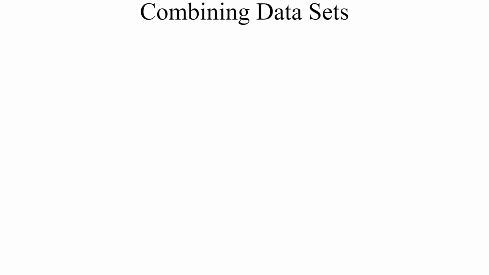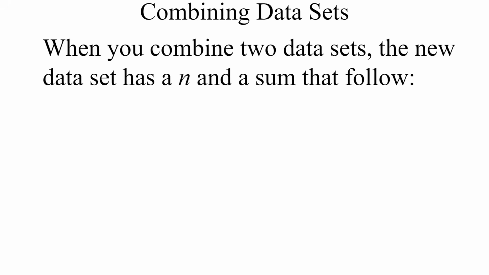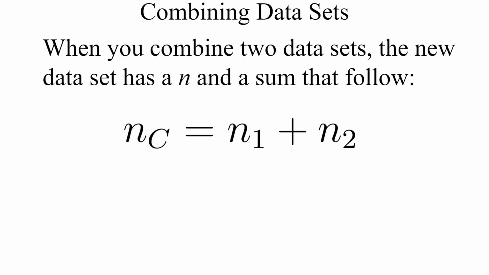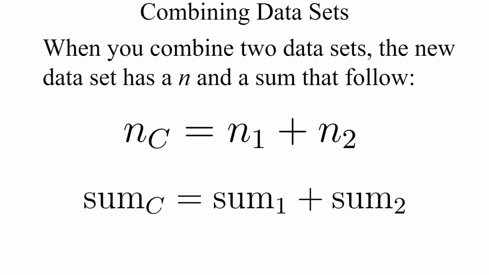Oh, also for combining data sets, combining a data set is basically like you take all the numbers from one data set and you take all the numbers from another data set and just put them together into one big data set. So the sample sizes are additive. If you had, let's say, 10 people and then 50 people, and then you combined them, you'd have 60 people, right? And similarly, sums are also additive.